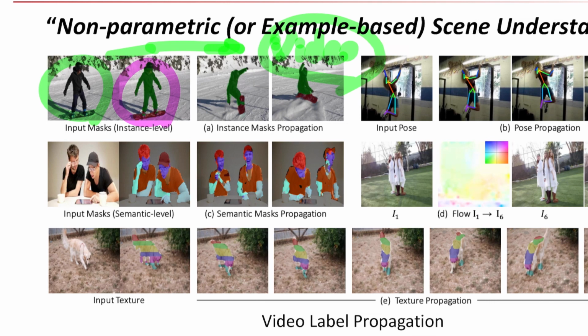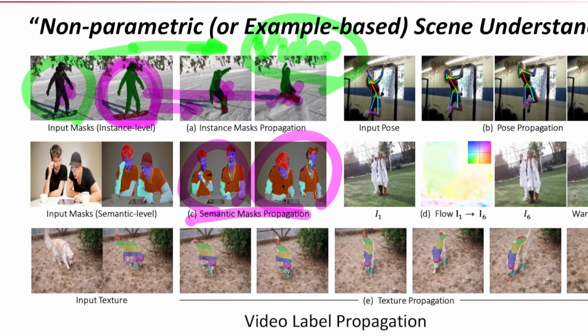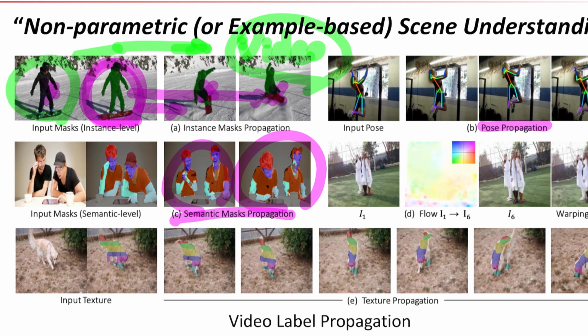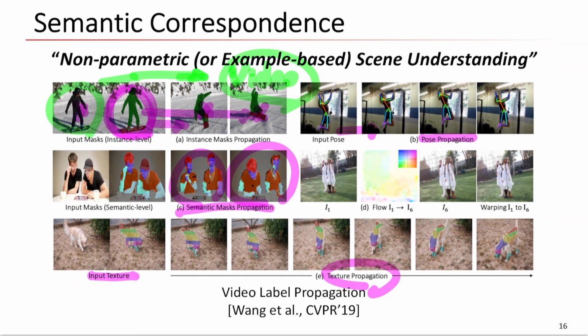By finding the correspondence between this image and the other frame images, we can propagate this label, something like this. This is another application: semantic mask propagation, or pose propagation here, or text propagation, like this. So this is the video label propagation application.